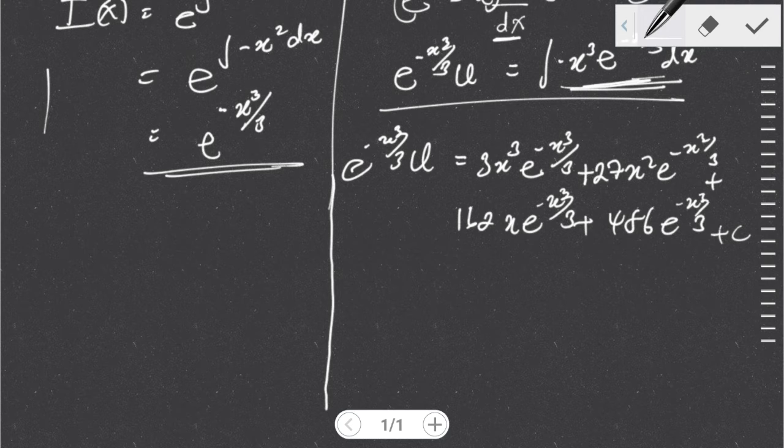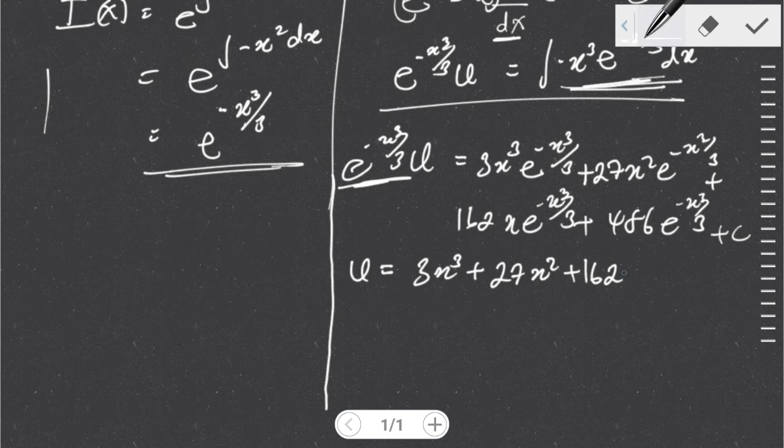And after getting this, now remember you're having this and this u here. So what you're going to do is you're going to divide by this. That means that u would be equals to, if you divide this, you're going to get 3x cubed plus 27x squared, and if you divide this, you're going to get plus 162x, and if you divide this, you're going to get plus 48.6, then plus.